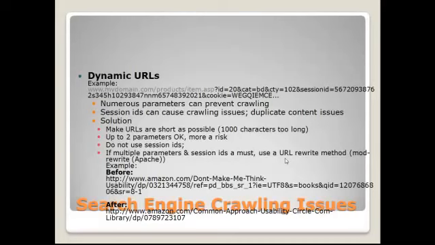This is kind of difficult when you're tracking, say, an affiliate program, and you want to know where certain searches are coming from. So you just have to be careful which pages you use those tools on. If multiple parameters and session IDs are a must, use your URL rewrite, preferably in Apache mod.